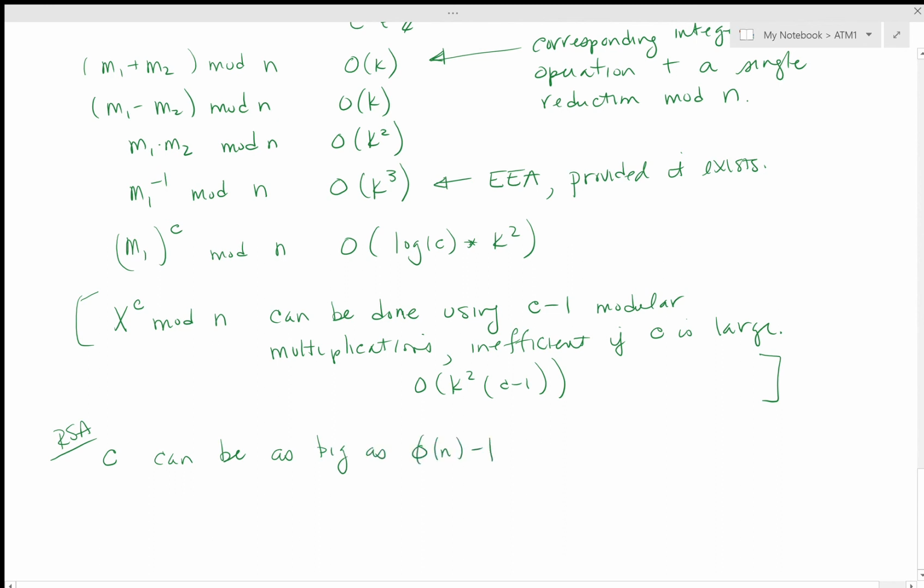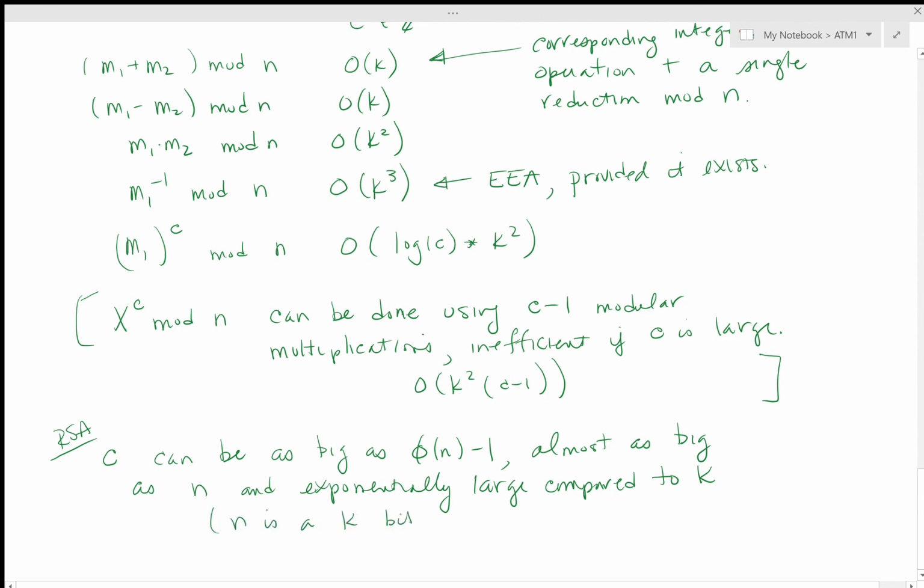Okay, our exponents can be that large, which is almost as big as n, and exponentially large compared to k. Recall that n is a k-bit integer.